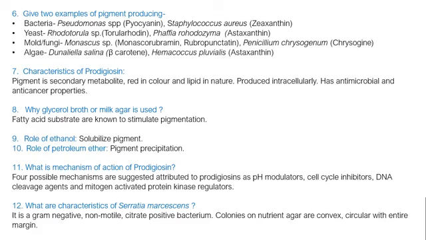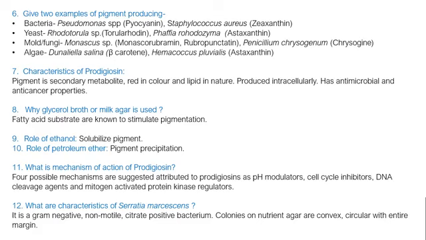Then in case of fungi, you can name Monascus, then Penicillium chrysogenum, pigment is chrysogenin. Then in case of algae, Dunaliella salina, the pigment is beta carotene, and in case of Haematococcus, again astaxanthin.